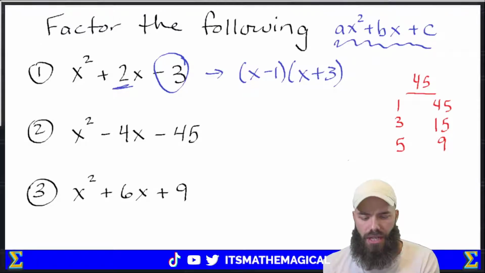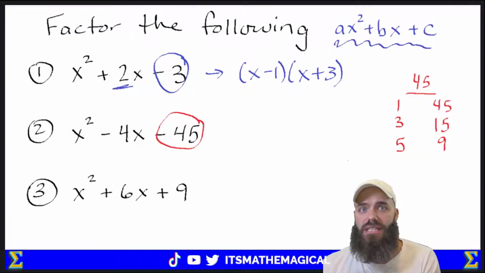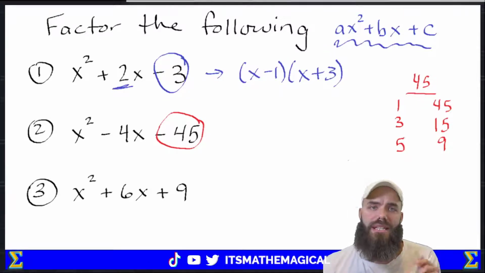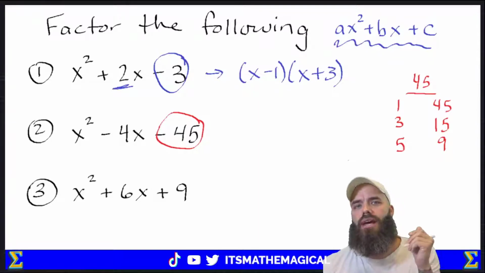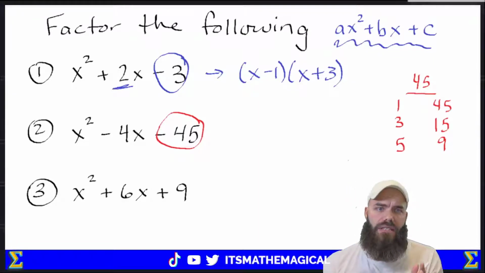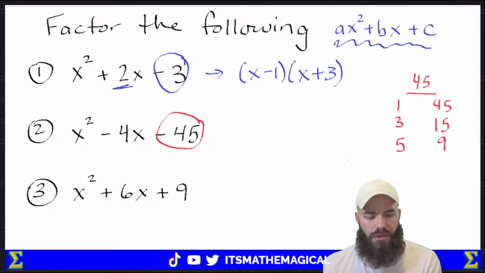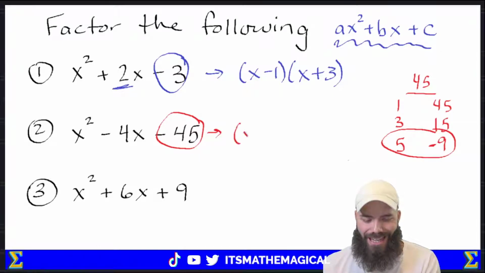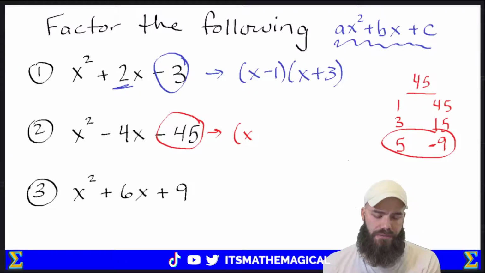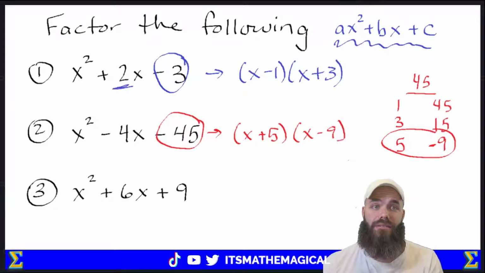Looking at the c value, the factors must multiply to give me -45, so one of them must be negative. Now I look at the 9 and 5, and if I need these to combine to give me a negative number, let's just stick the negative in front of the 9. And so my factors would be x plus 5, because it's a +5, and then x minus 9.